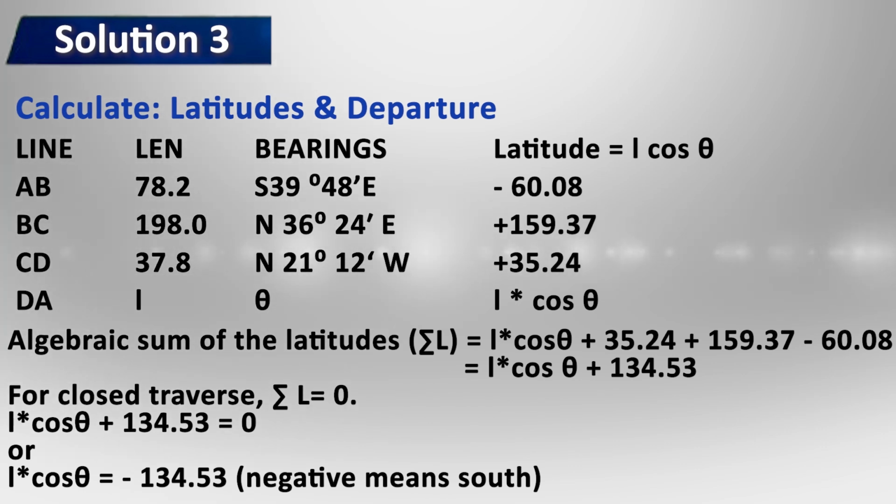L cos theta plus 35.24 plus 159.37 minus 60.08 is equal to L cos theta plus 134.53. The traverse being closed, the summation of all latitudes should be equal to 0. So we will equate this term equal to 0 and we will get L cos theta equal to minus 134.53. That means the negative value is towards south.